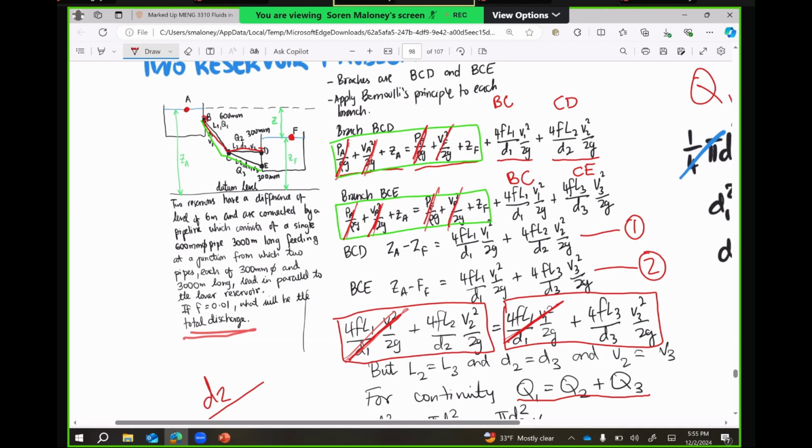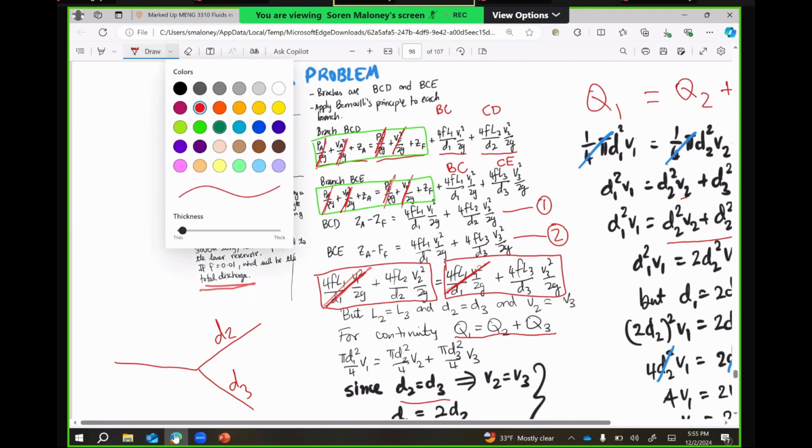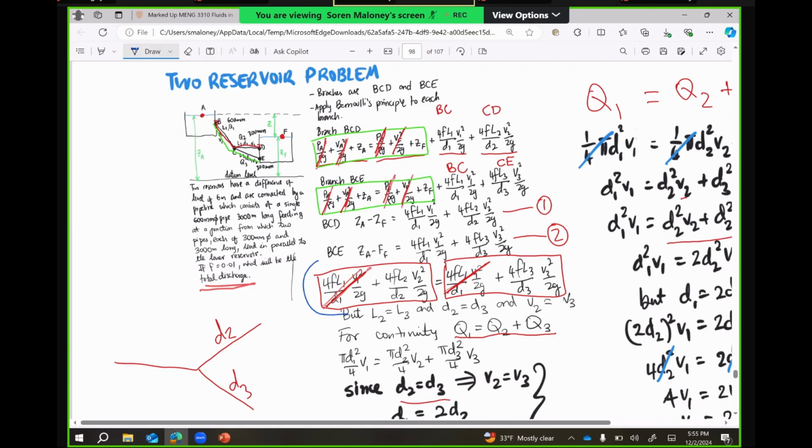And the reason why I can make this statement here, and I want to circle it in a different color, where I'm saying equation 1 and equation 2 are the same, it's because they are between the same reservoirs.